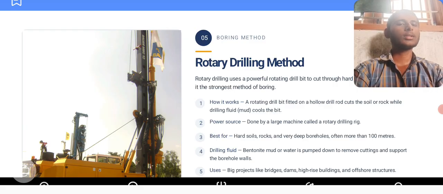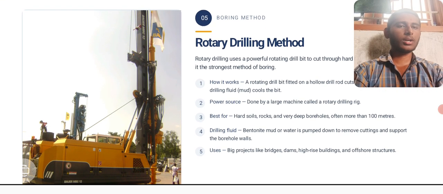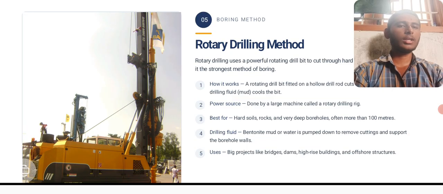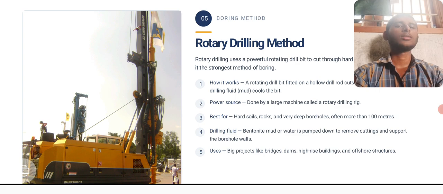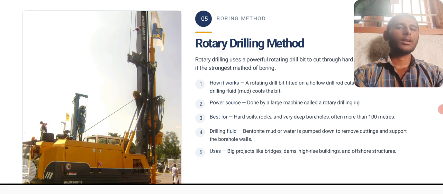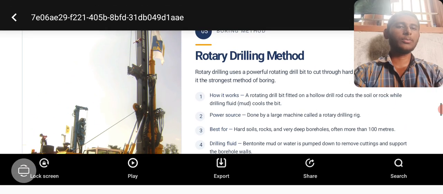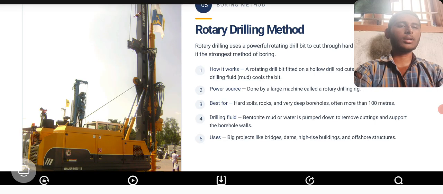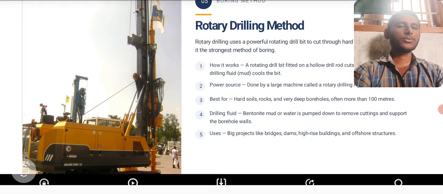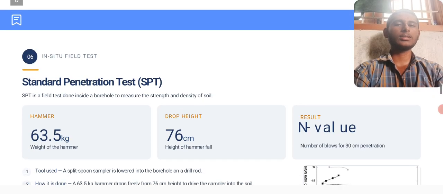The power source is a large machine called a rotary drilling rig. It is best for hard soils, rock, and very deep boreholes, often more than 100 meters. It can be drilled below the water table and used for big projects like bridges, dams, high rise buildings, and offshore structures.